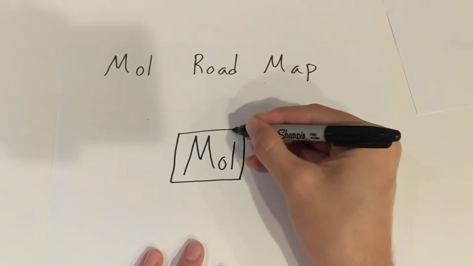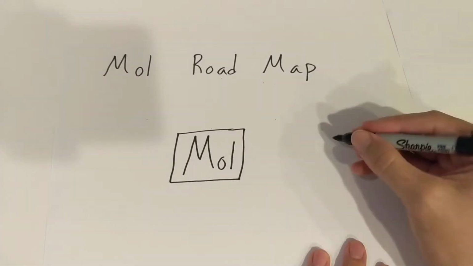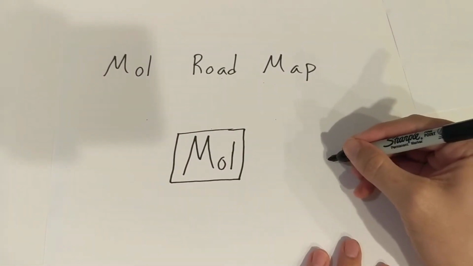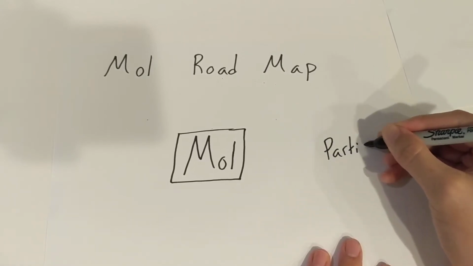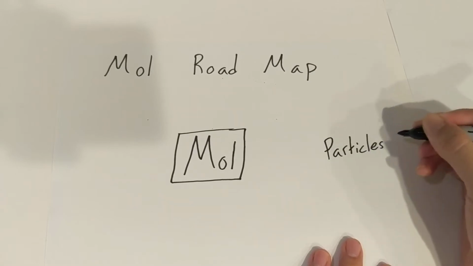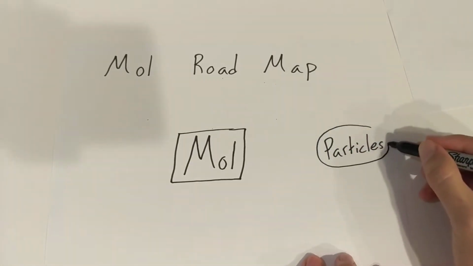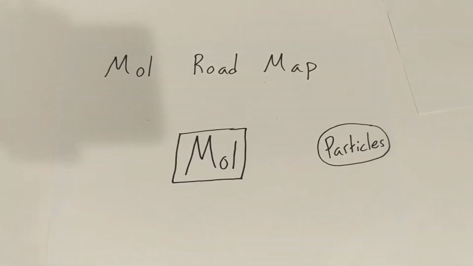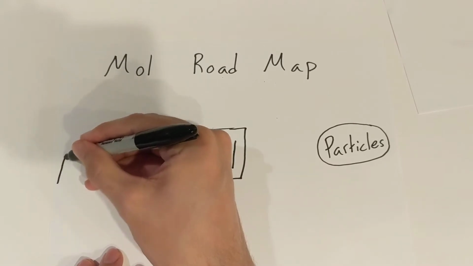And the mole allows us to do a lot of things. It allows us to convert into particles. So I'll put particles over here. Another thing it allows us to do is convert into mass. So I'll put mass over here.